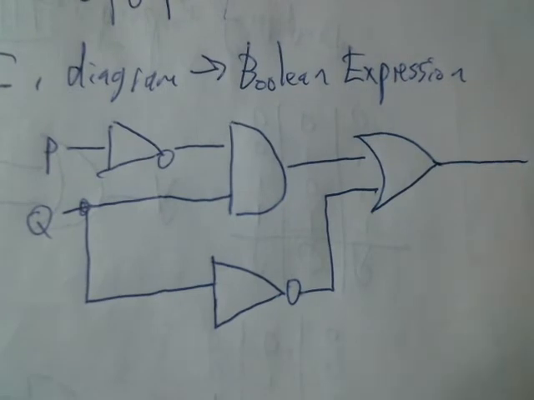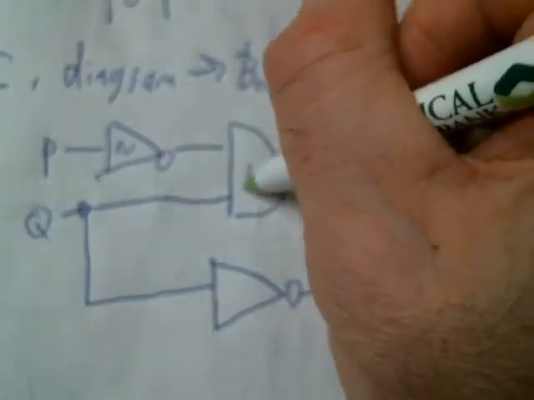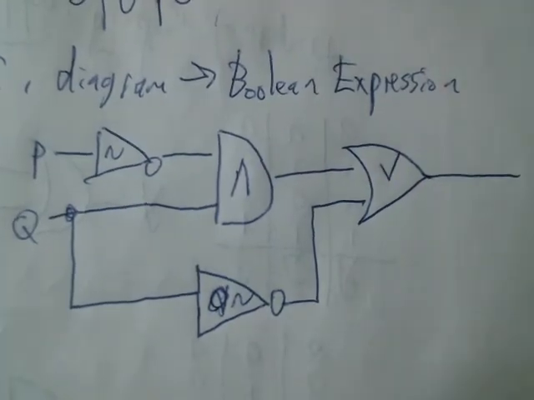Okay, I want to go from this diagram into a statement form, or as they're calling it in this new context, a Boolean expression. And so let's take a look. So this is the NOT gate, this is the AND gate, that's a NOT gate. And then this is an OR gate, okay?